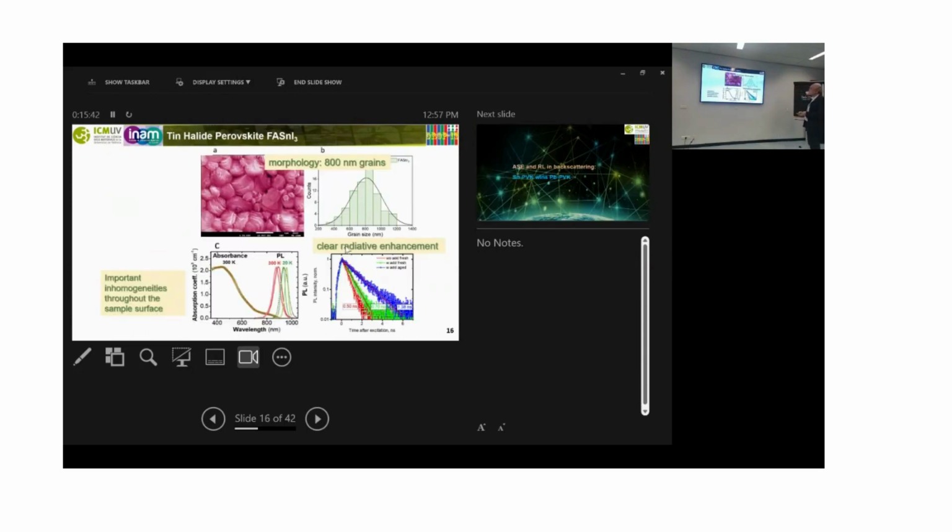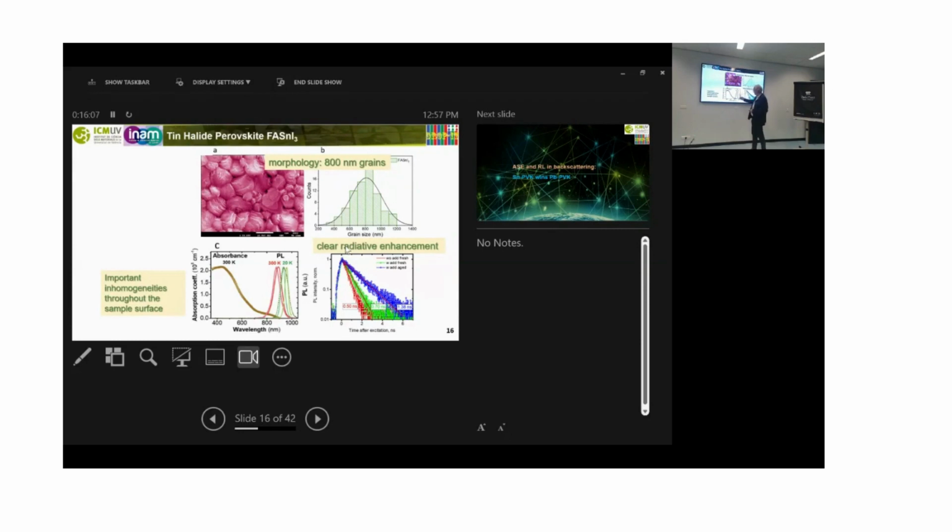Well, in this case, with the improved formulation, we can, of course, improve the exciton lifetime in emission that is observed, as you see here, around 880 nanometers, or more than 900 at low temperature.